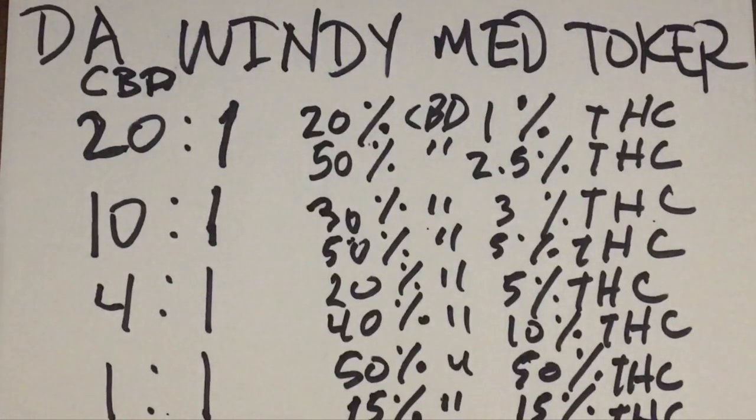Normally with the high CBD to low THC strain, you don't get as much of the effect from the THC just due to the fact that it's low THC, and there's also studies out that say that CBD combats the psychoactive effects of THC. They have a lot of strains out that are produced or crossbred just so that they can reach this 20-to-1 or 10-to-1 ratio CBD to THC.